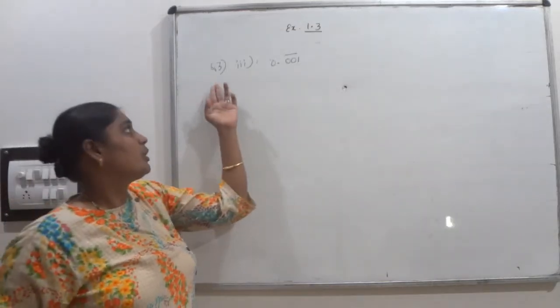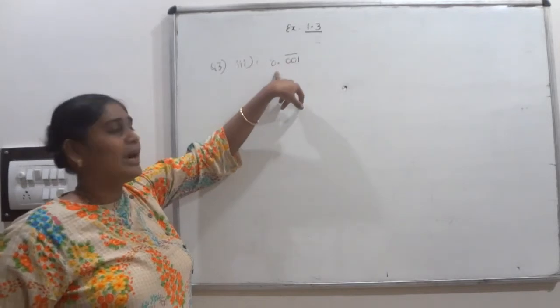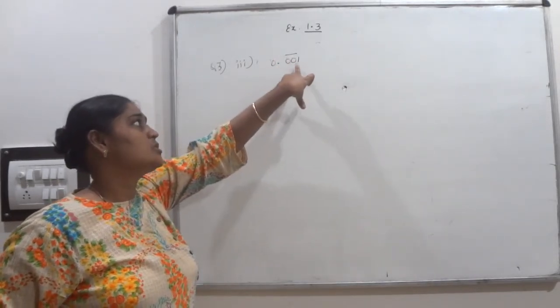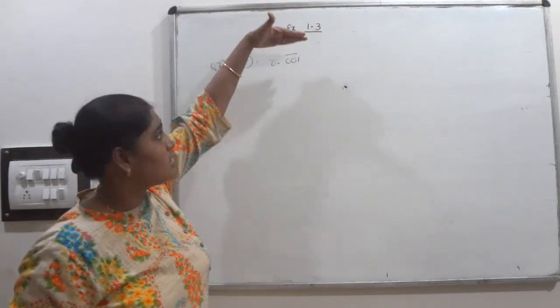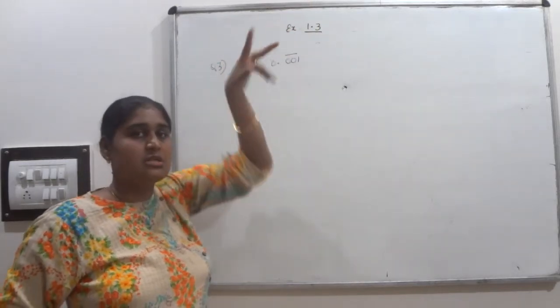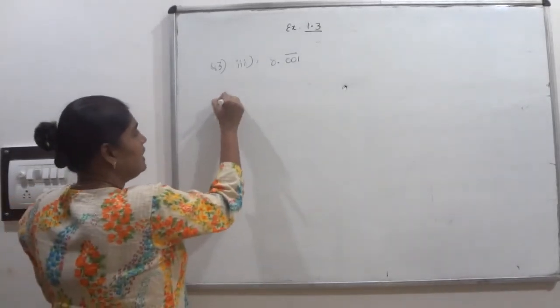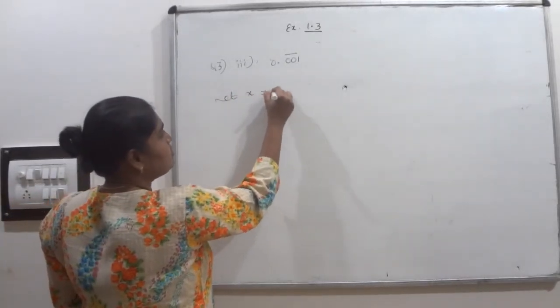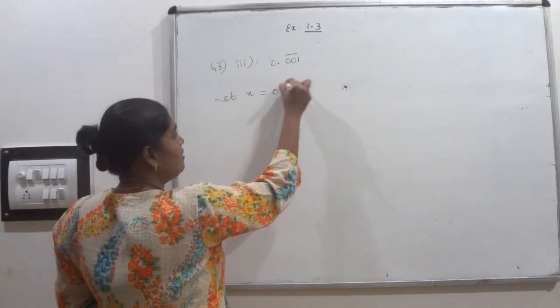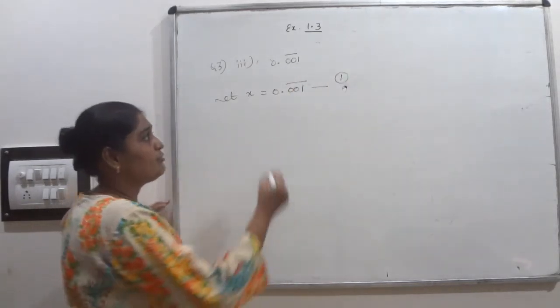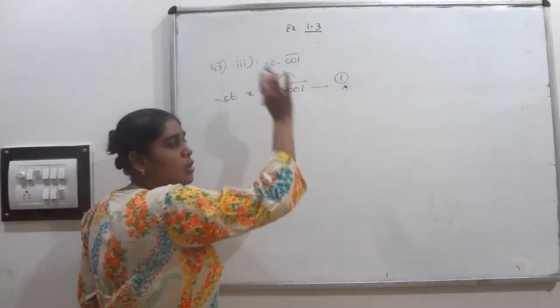See, question number 3, third part. I have to write the P by Q form for 0.001 bar. The bar is over these three numbers, 001. First, let x equal 0.001 bar. I take this as equation number 1. Then I want to shift the bar numbers to the whole number side.